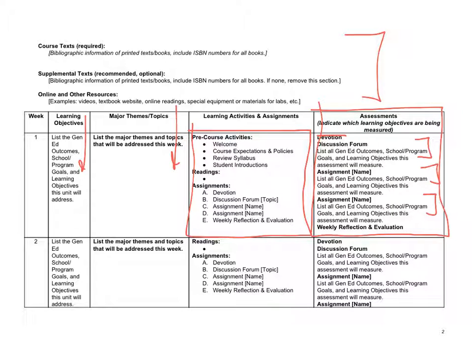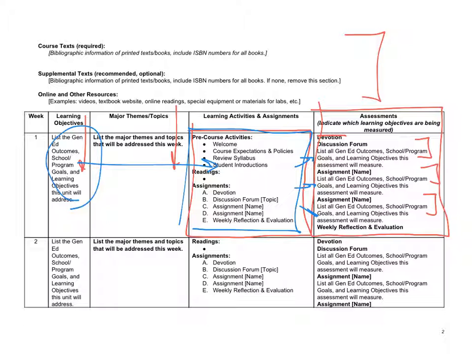So the intent is that you could go back and say, here is an objective we're trying to accomplish this week. Here are the activities that will help them to gain the expertise in that particular objective. And then here are places that those are going to be assessed.